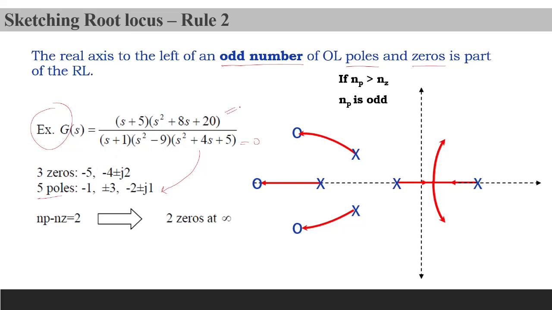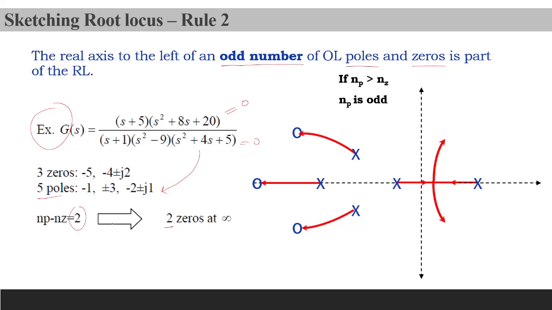And if I equate the numerator with 0, I will get 3 zeros, that is 1 and 2 from here, so I can have 3 zeros and 2 poles. And of course the difference between the number of poles and the number of zeros is the number of missing zeros at infinity. Whatever the difference is, that amount of poles or zeros is present at infinity. So that's rule number one. We have already discussed this concept in rule number one.